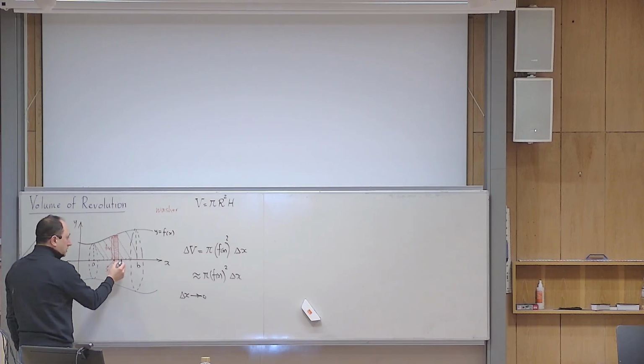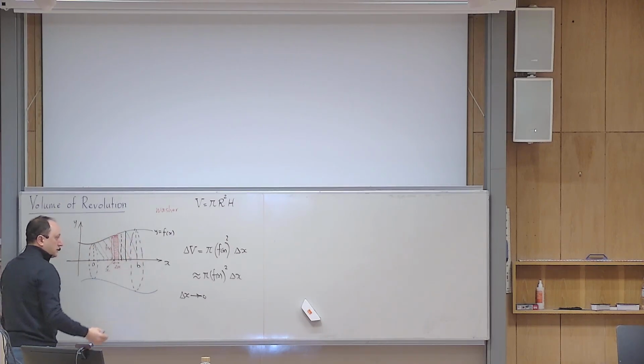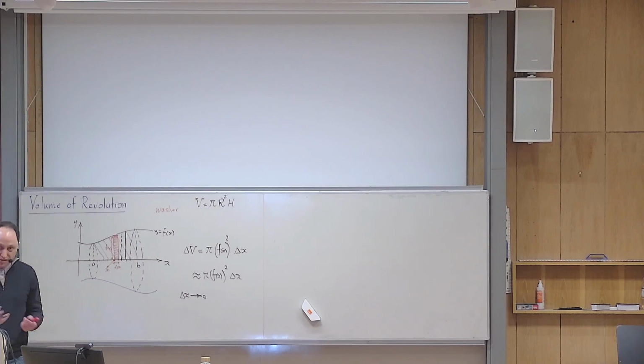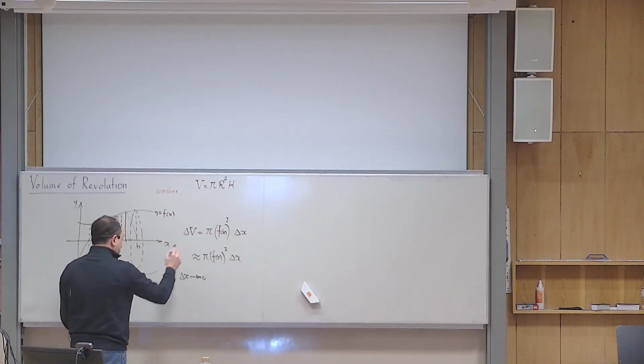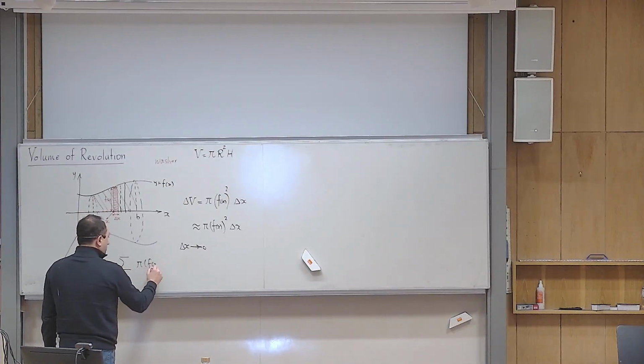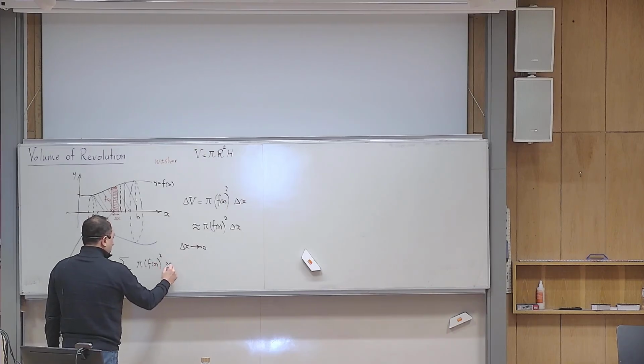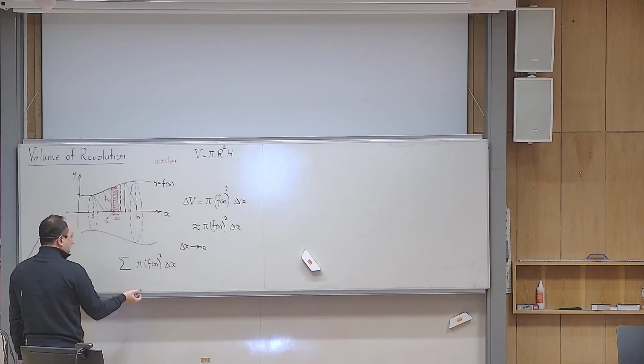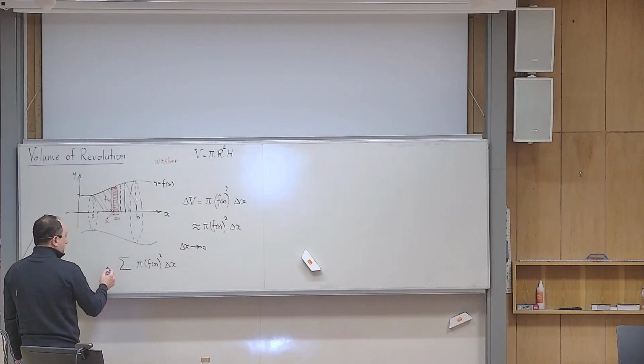I can repeat the argument for the next part. The total volume that I am interested in will be the sum of all these small volumes, yes? So this becomes the sum of these small volumes, yes? For example, I just add them up. This becomes approximately the volume that I am interested in.